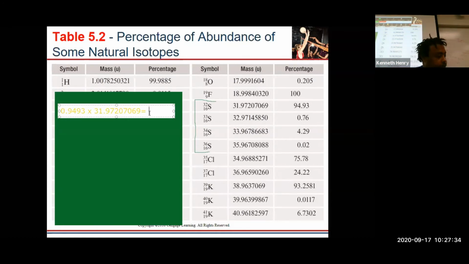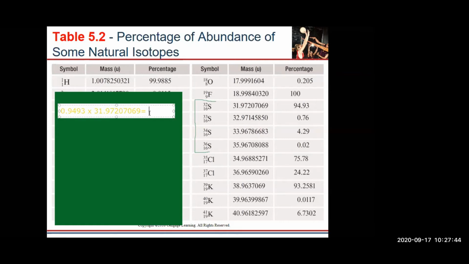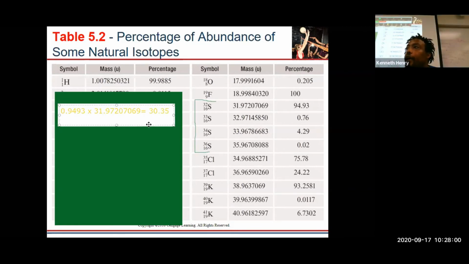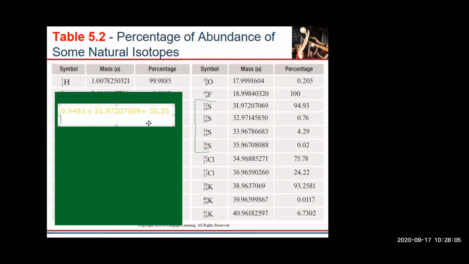So what do you guys get? How many sig figs? 4. Okay. 30.35. That's what I got. Okay. And then the next one. 0.076, I think.